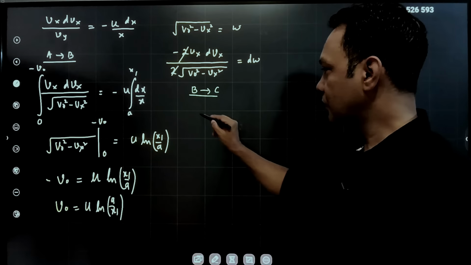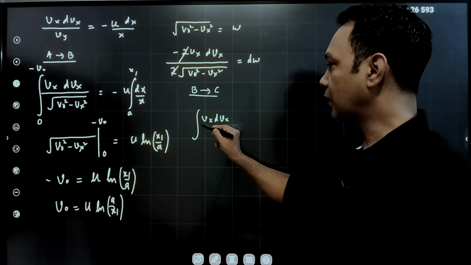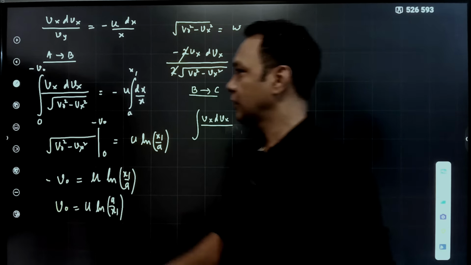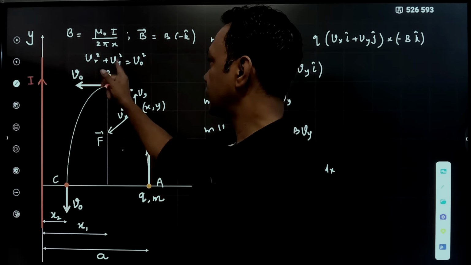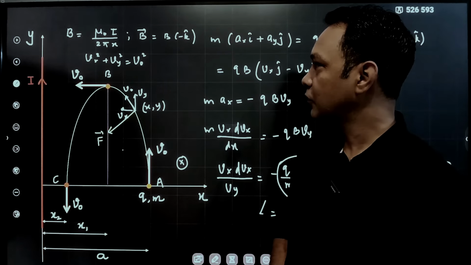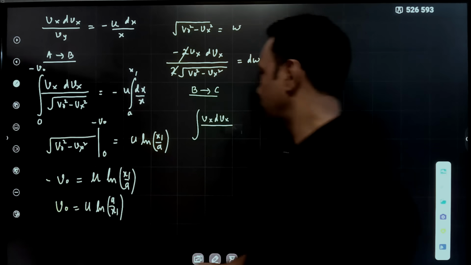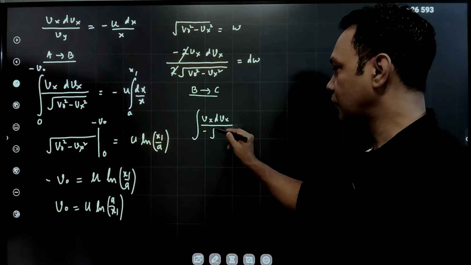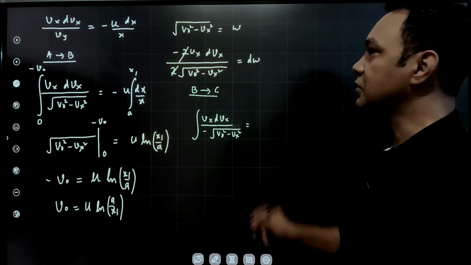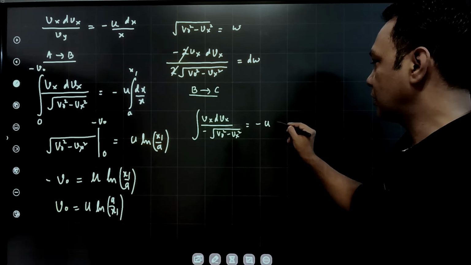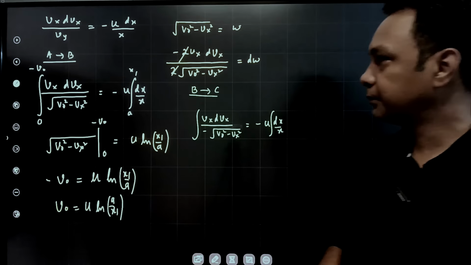Here, this integral would be Vx dVx, and as we discussed, from B to C the Vy is negative, so Vy would be minus of square root of V0 square minus Vx square. This part would be the same, minus U dx by x, and we can put the limits.